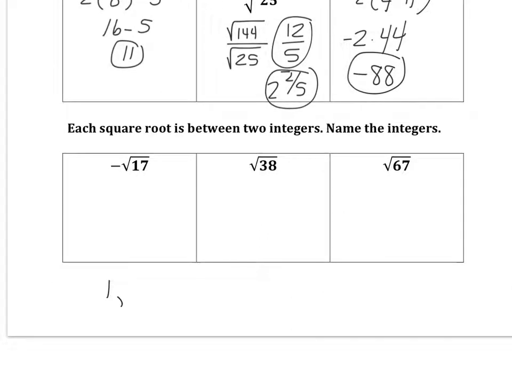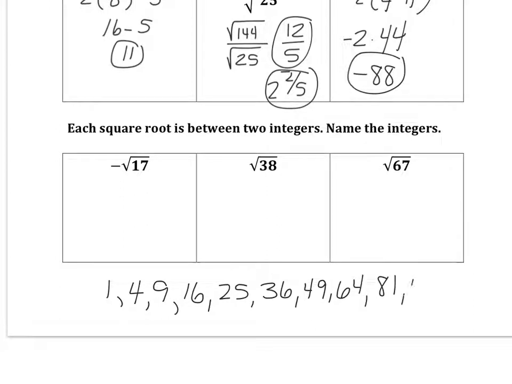So if you already know them, you can kind of fast forward this part, but 1 times 1 is 1, 2 times 2 is 4, 3 times 3 is 9, 4 times 4 is 16, 5 times 5 is 25, 36, 49, 64, 81, 100, and then we get to some big ones, 121, 144, 169, 196, 225.